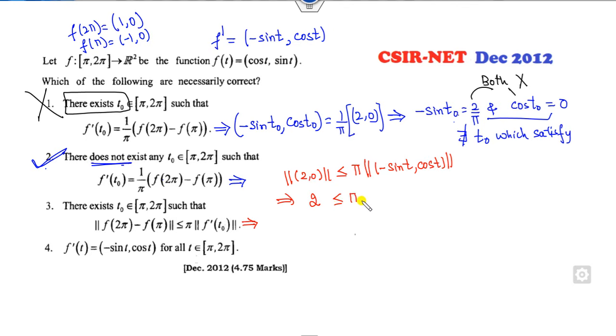What is the norm of this? It is the root of cos square plus sine square, which is 1. Does it satisfy? 2 is less than this. Yes, there exists a t naught which satisfies this property. F dash of t will be, you can see F dash of t is my area. So the right answers are B, C and D for this problem.